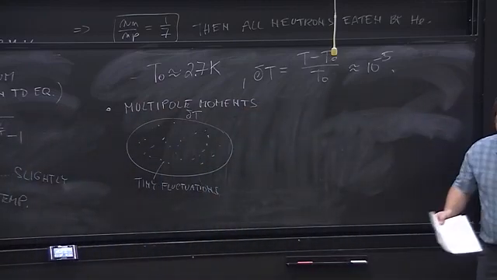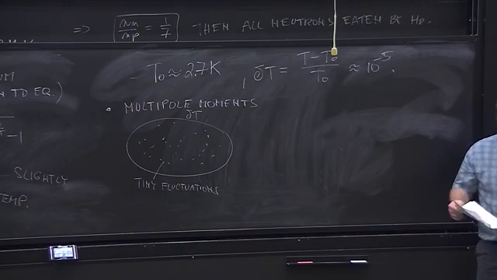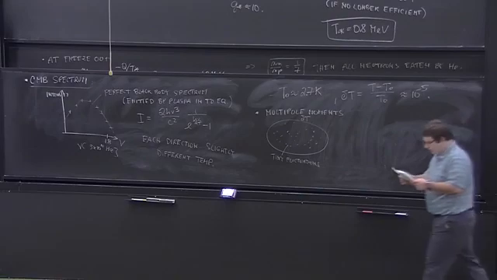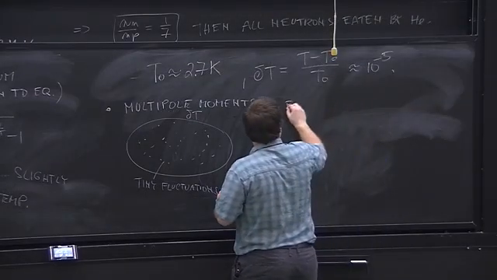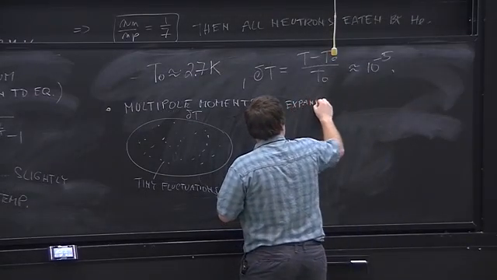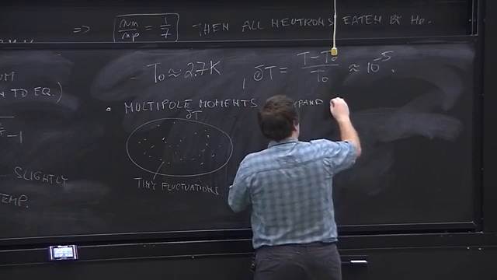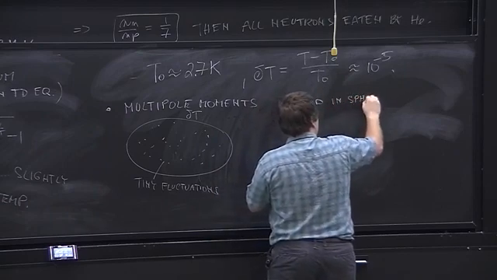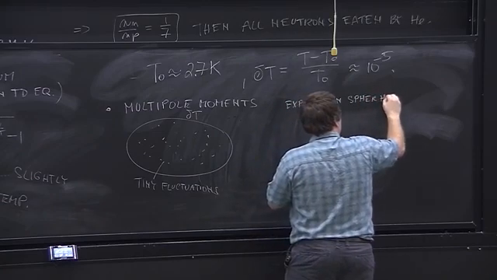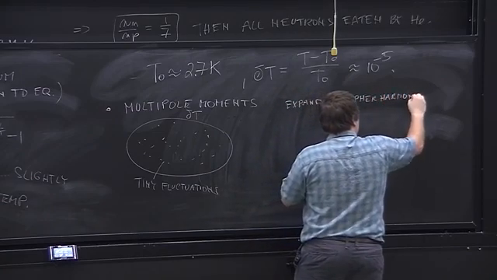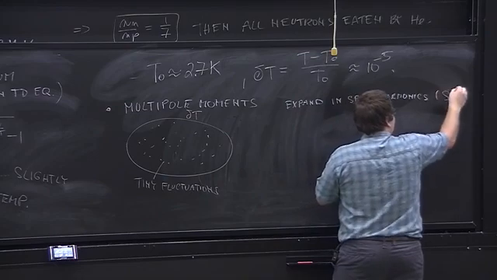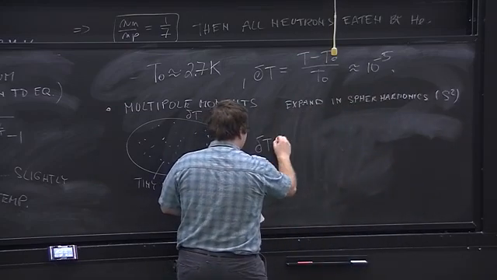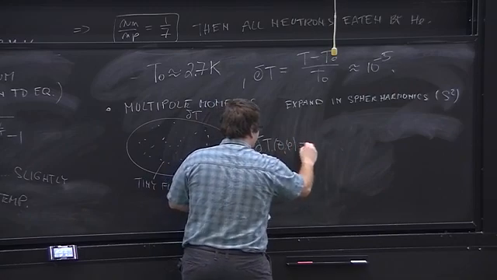Because it's on S2, it's natural to expand these fluctuations in spherical harmonics, right? So we have delta T of theta and phi.